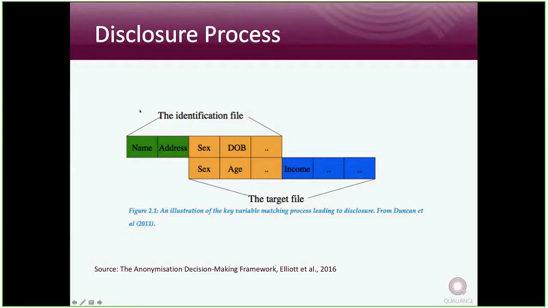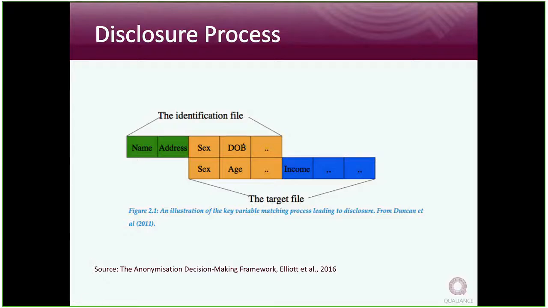On the other side, we have to imagine that we have a database of patients or people with names, addresses, so identifiers that can lead you uniquely to persons, and also all sorts of quasi-identifiers, but not anonymized necessarily.